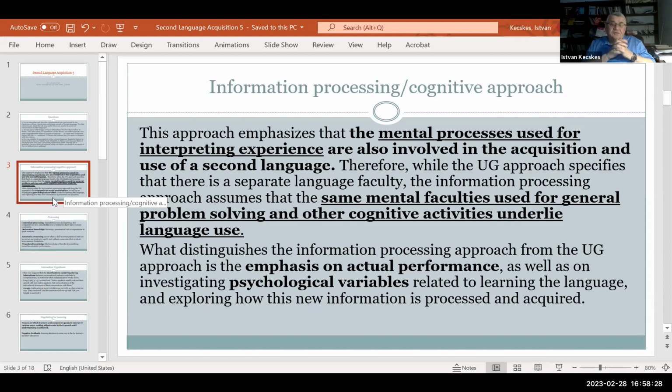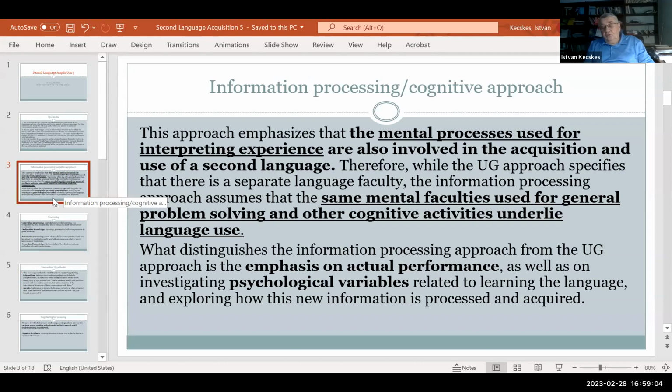So the next theory that we have to talk about is called information processing, or the so-called cognitive approach. It is very similar to what the book calls cognitive linguistics. There is not much difference between what we call cognitive linguistics and what we call information processing or the cognitive approach, because the emphasis is on the mental processes that are used when you acquire a second language.